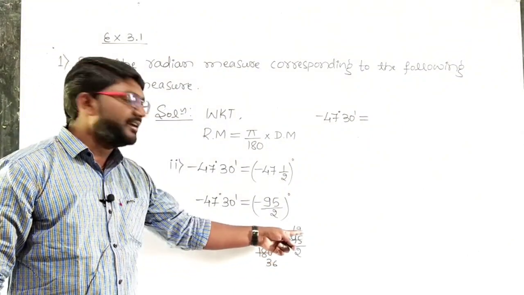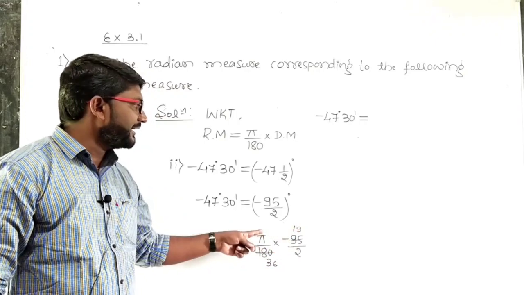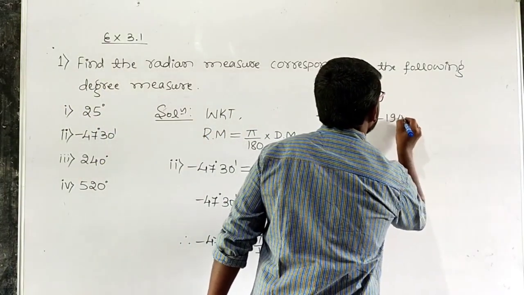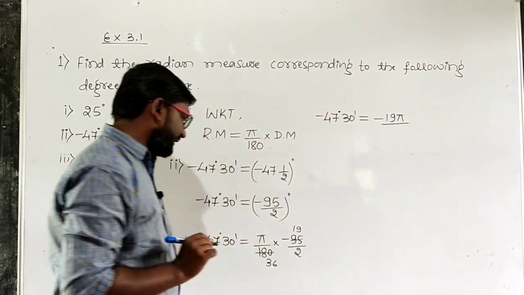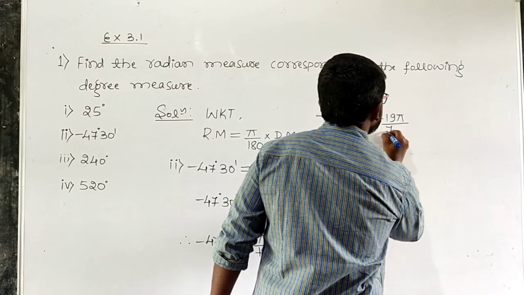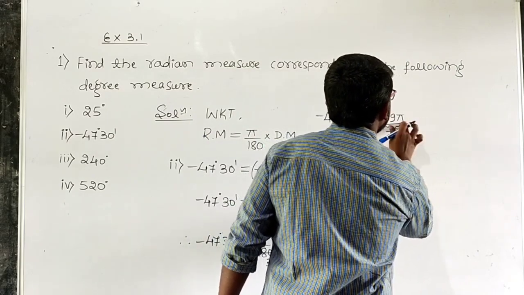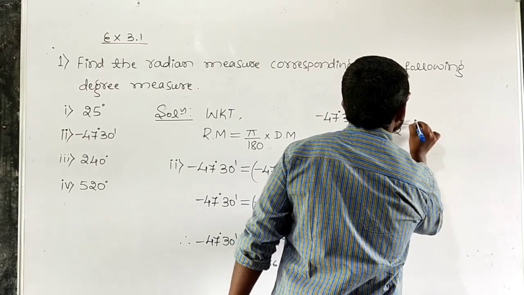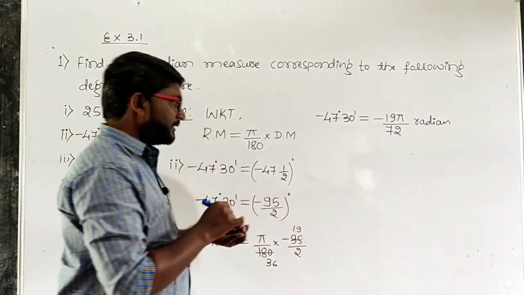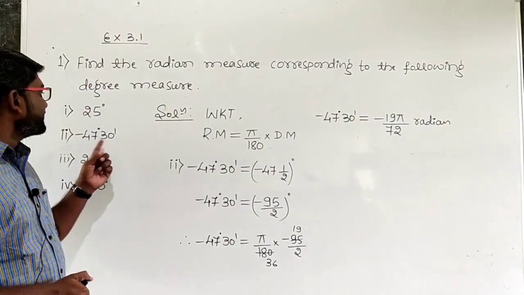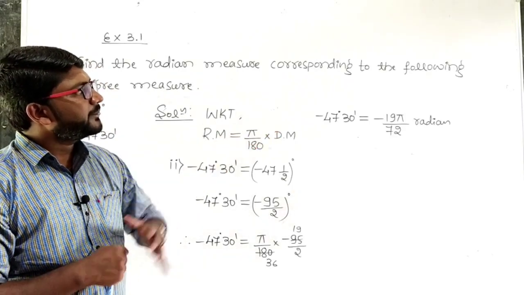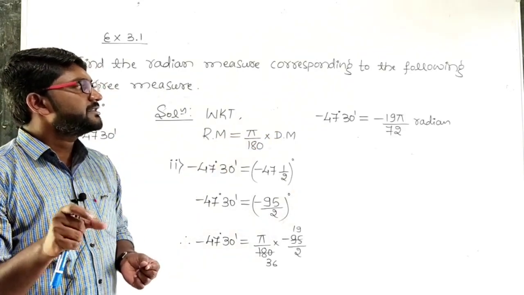We have minus 19 into pi, it is minus 19 pi divided by 36 into 2, it is 72 radian. So we have converted the second sub question, minus 47 degree 30 minutes, in terms of radian. It is minus 19 pi divided by 72.